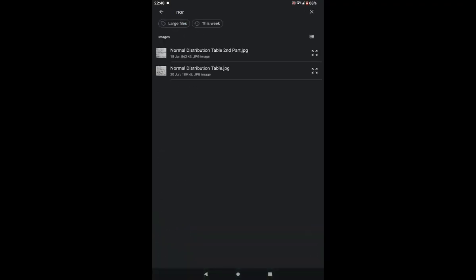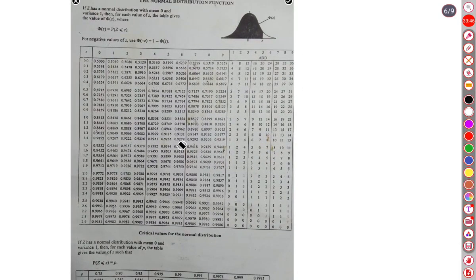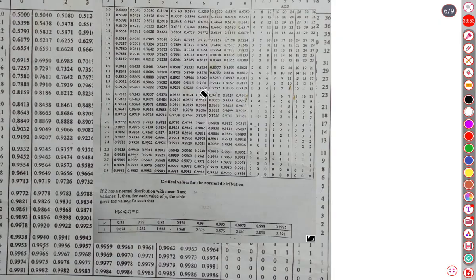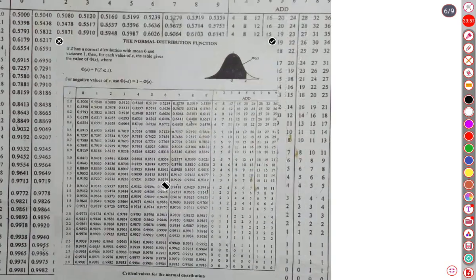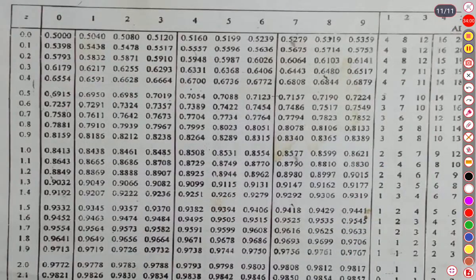Let me zoom it out. Well, our z score is 1.255.